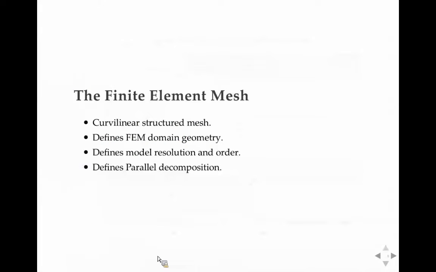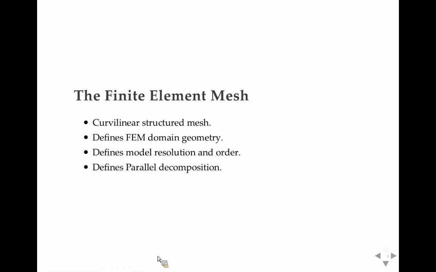Right, on to mesh. So currently all the meshes that are available to you are what we call curvilinear structured meshes. Typically this is going to be the first mesh you're going to generate. Anytime you generate a mesh, it's always going to come out in this regular geometric fashion.